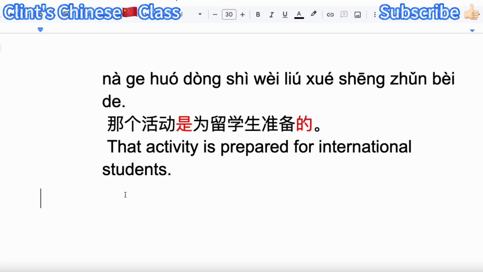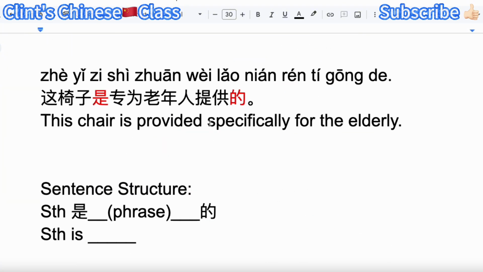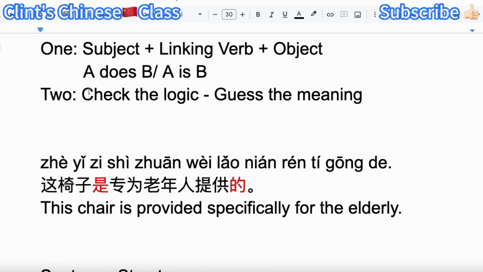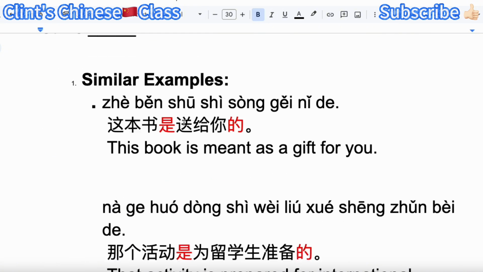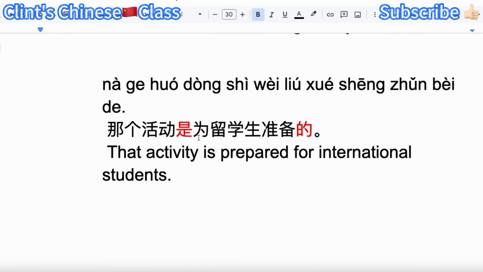Remember this pattern. We provided for somebody. So here they just changed the 提供 provided to prepare. Okay, so prepare for somebody with 为 somebody plus 准备. So that's the structure inside this emphasized information.